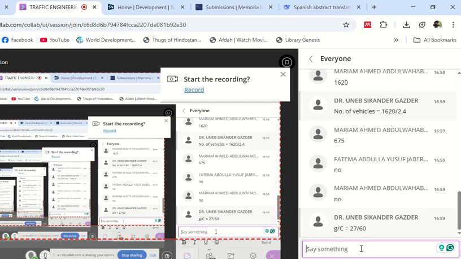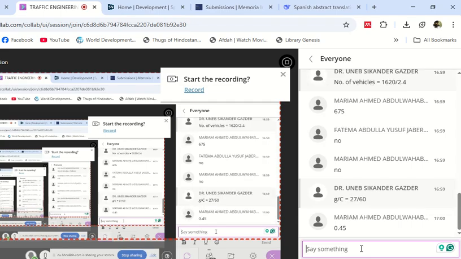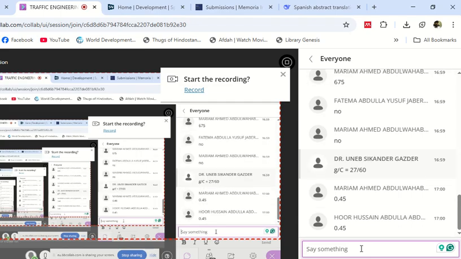So if G by C ratio is equal to 1, means the complete cycle is having effective green. There is no lost time in the whole cycle.